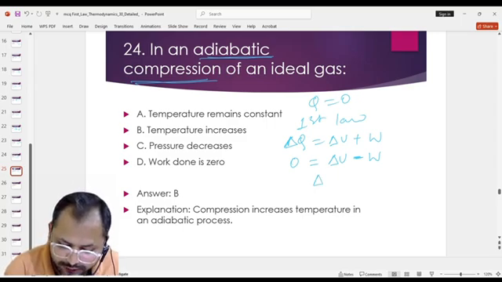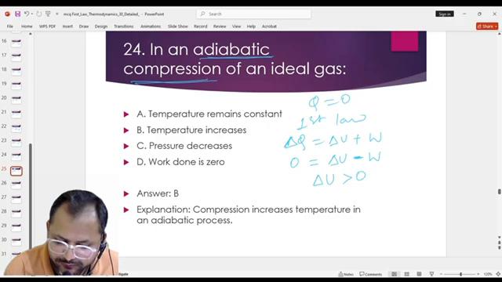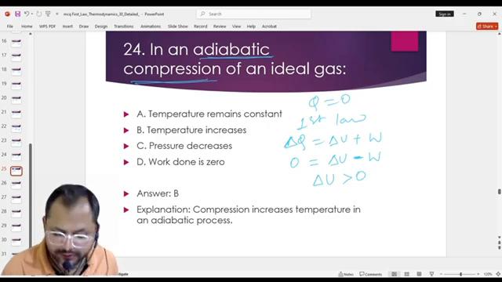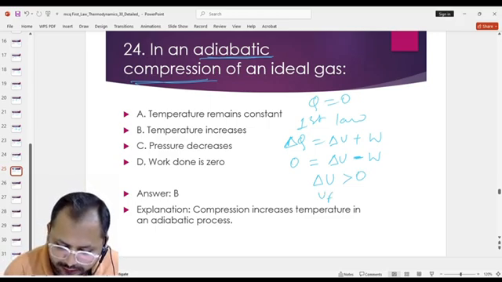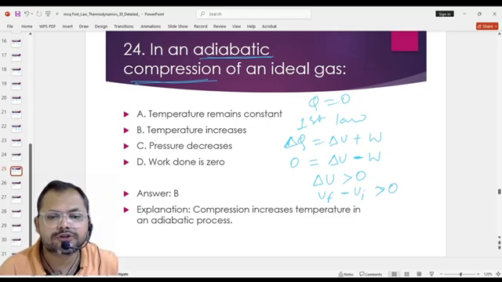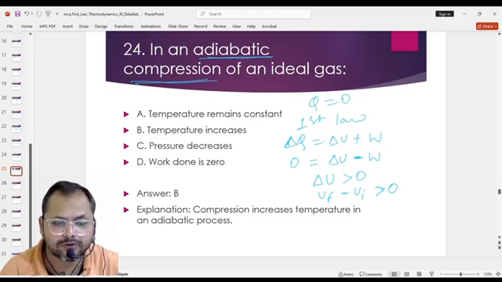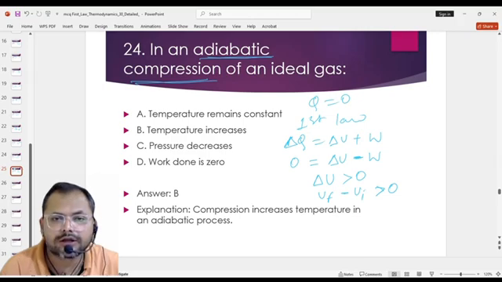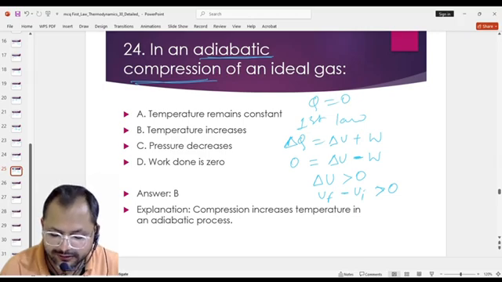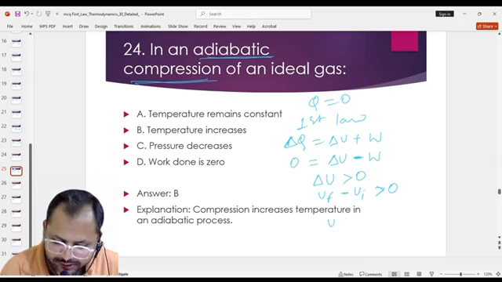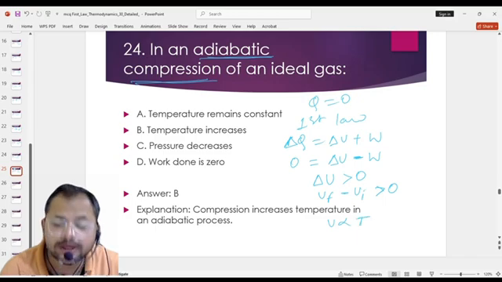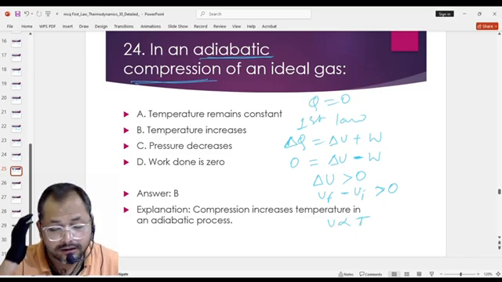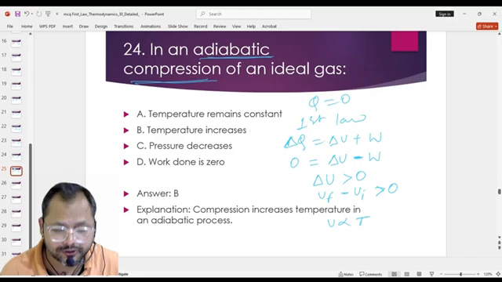So delta U, the change in internal energy, is greater than 0. That means final internal energy minus initial internal energy is greater than 0. We know that internal energy is directly proportional to temperature.